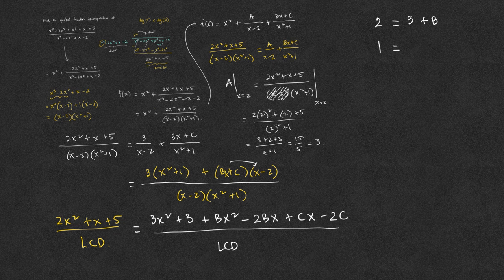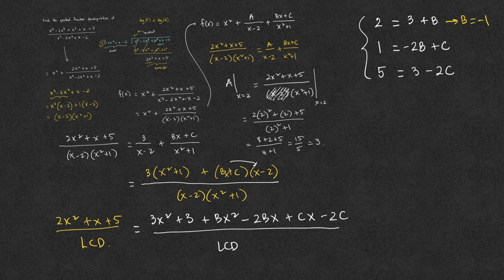The coefficient of x on the right hand side is negative 2b plus c. The constant term on the left hand side is 5, and the constant term on the right hand side is 3 minus 2c. From this system of equations, we see that b equals 2 minus 3 or negative 1.